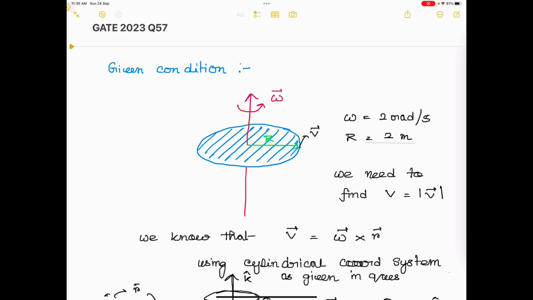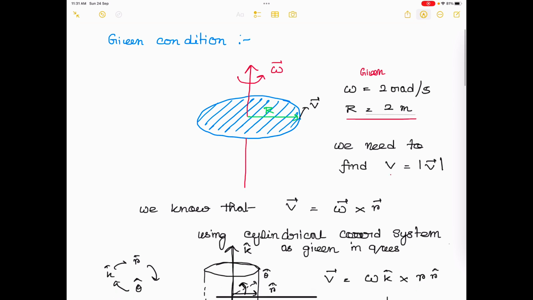The given conditions are that omega is 2 radians per second and the radius is 2 meters. Now we need to find this V, because most of the things given, like the gradient of V, grad squared V, del dot V, and del cross V, all these gradient, divergence, curl and Laplacian need to be found out based on this problem.